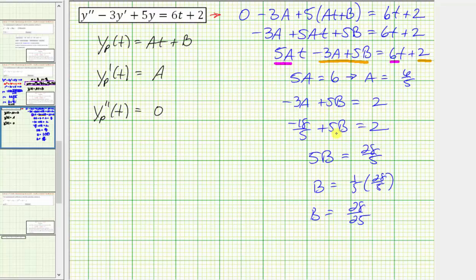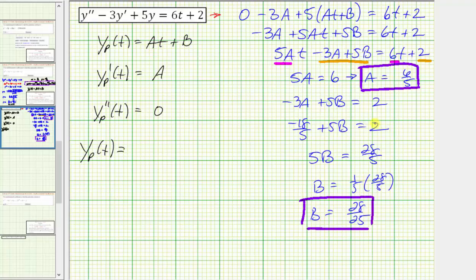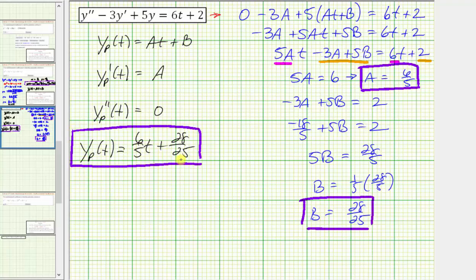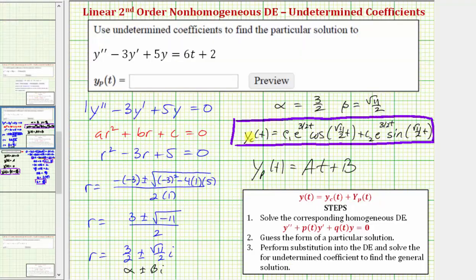So now that we know the value of a and the value of b, we know a particular solution. That particular solution is big Y sub p of t equals a, which is 6/5 t, plus b, which would be plus 28/25. So this is actually what this question is asking for, but we can use this particular solution as well as the complementary function to form the general solution given by y of t.